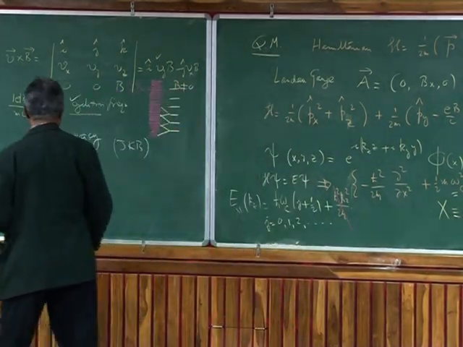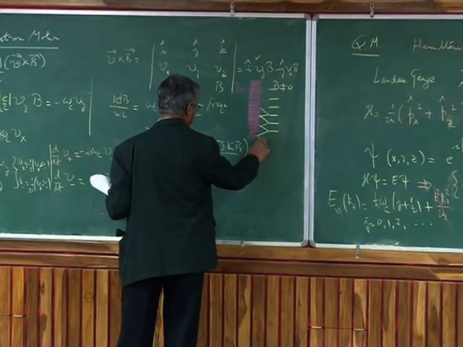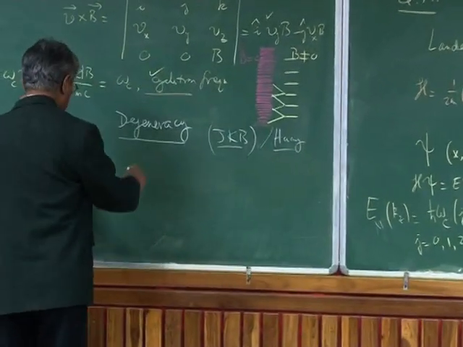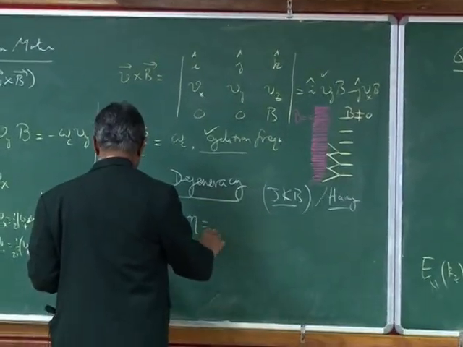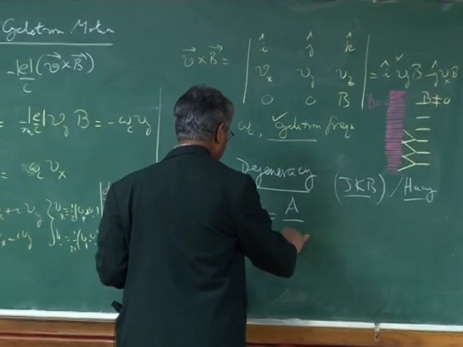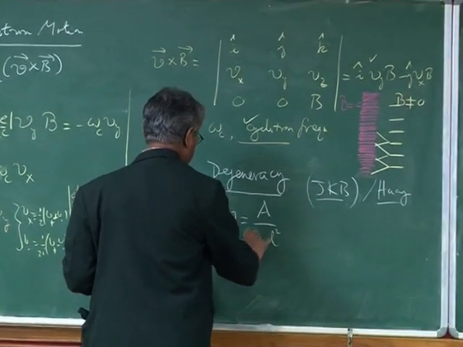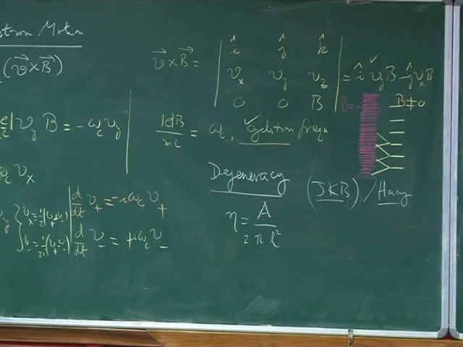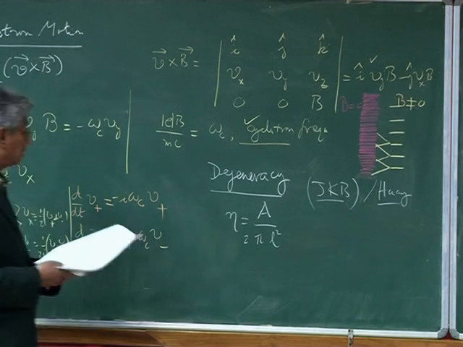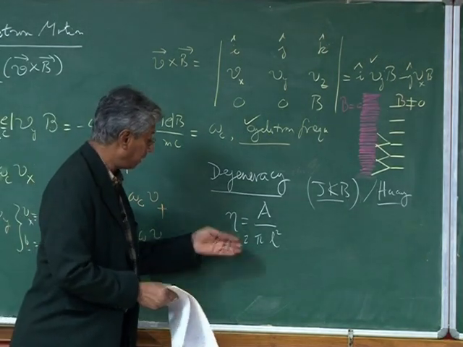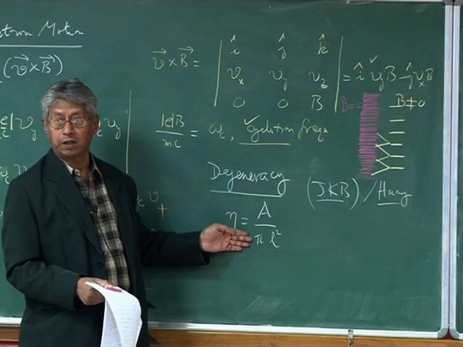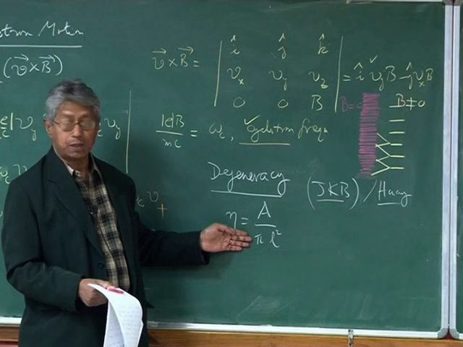So it turns out, and this is something that you can see in JKB or Wang, the degeneracy eta is actually A divided by 2 pi L squared, and this factor 2 is coming in because, I mean, this is an exact answer. I gave you a simple-minded answer. A simple-minded way of getting at it is you ask the question, how many such Landau orbits you can fit in an area A. That's the degeneracy.